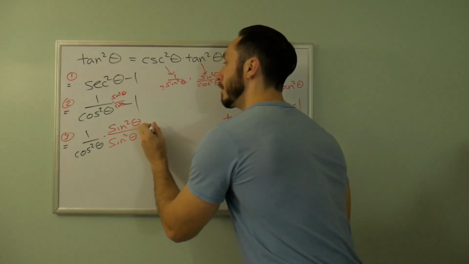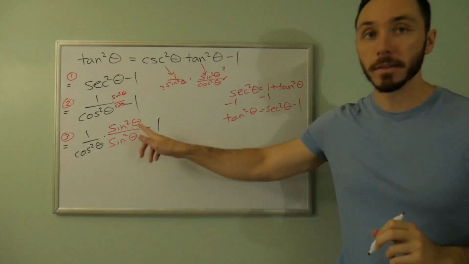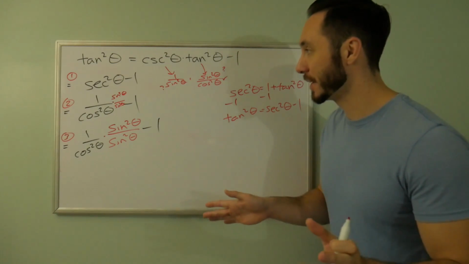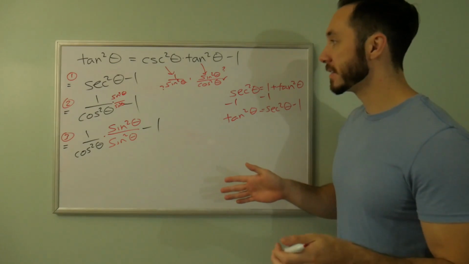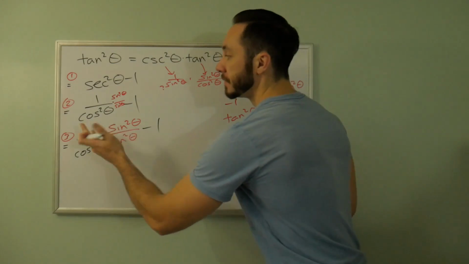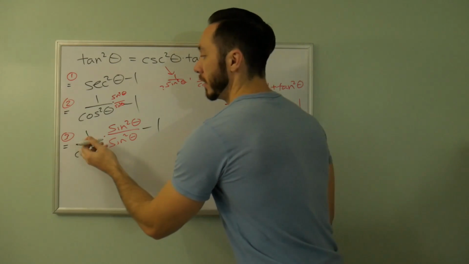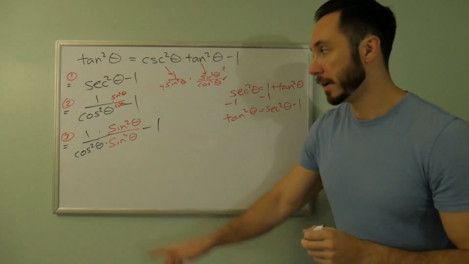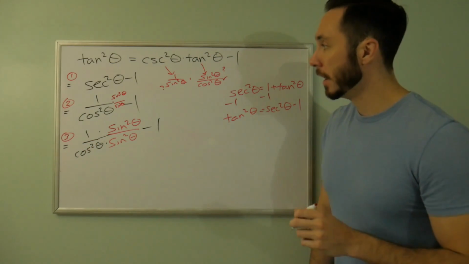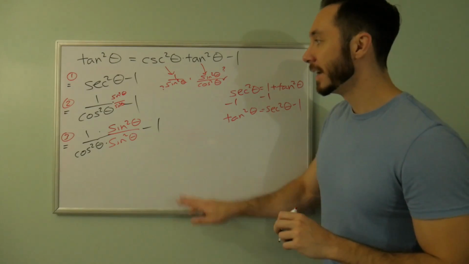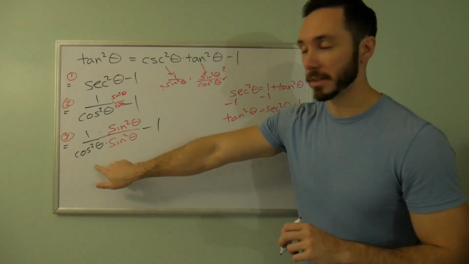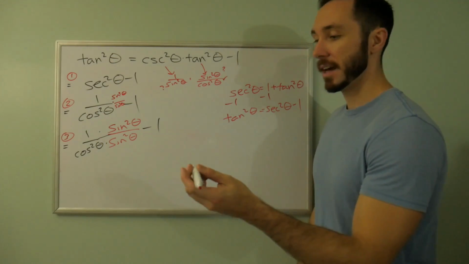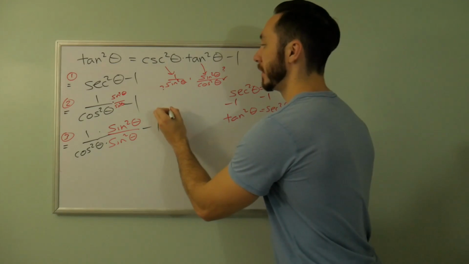This is all then minus 1. This is secretly 1, so I'm not changing my expression. Now I see this is just one large fraction. I'm multiplying the top and I'm multiplying the bottom. I can sort of attach this sine with the cosine. It's really not a step, I guess it's like a step 3.5.